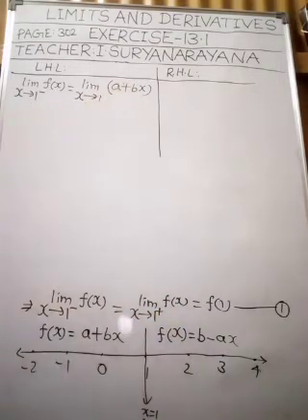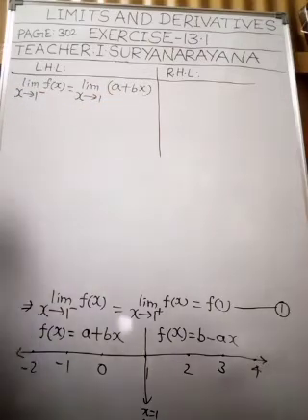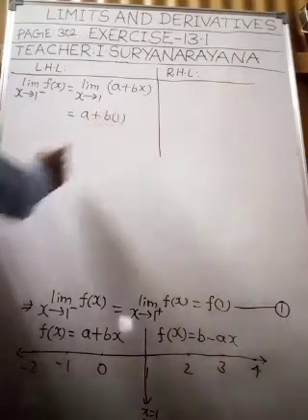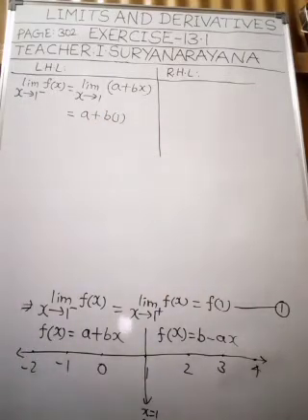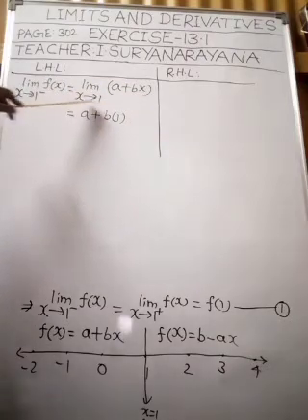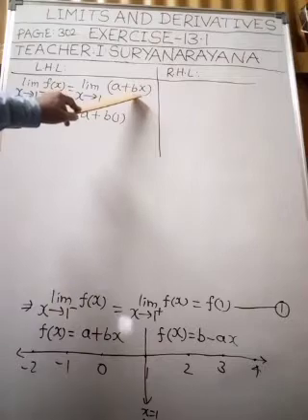Now we use the substitution method. So a plus b into 1. Here I substituted x equal to 1 in this function because x is approaching 1.